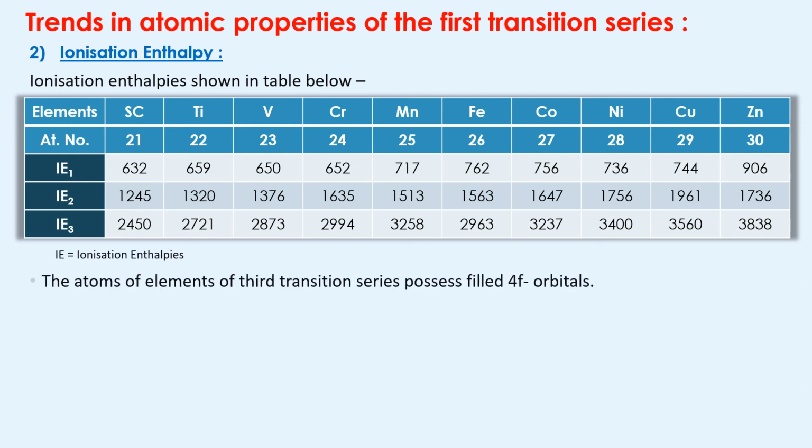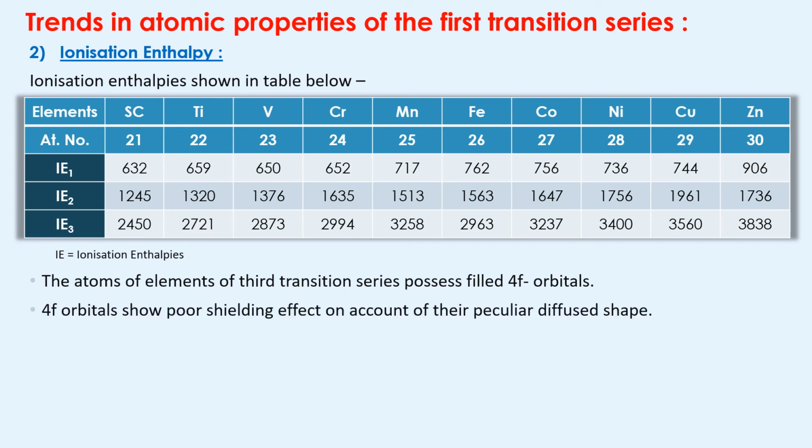The atoms of the elements of the third transition series possess the 4f orbital. That 4f orbital shows a poor shielding effect, and this is due to its peculiar diffuse shape.